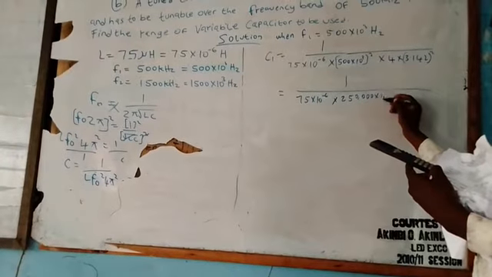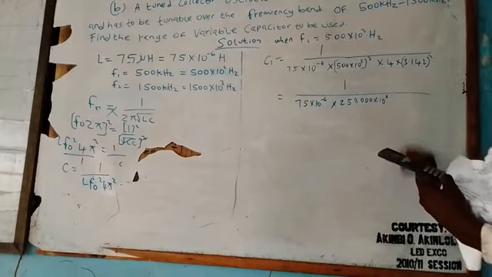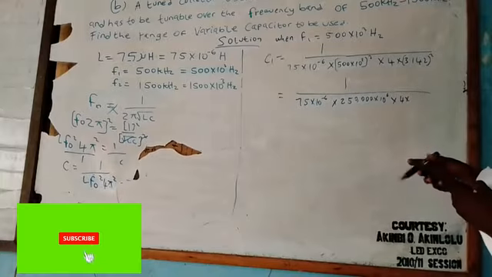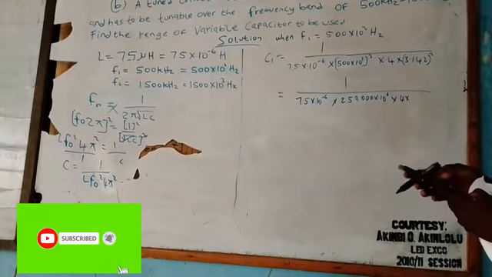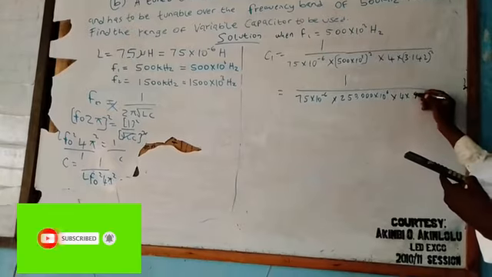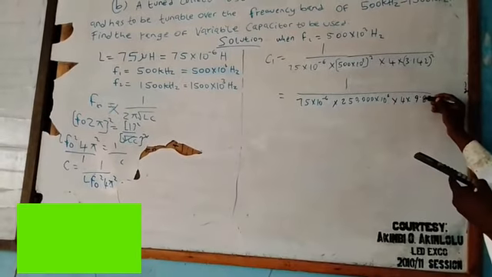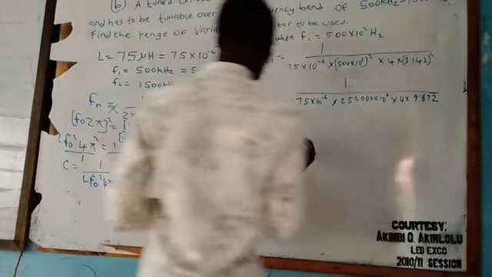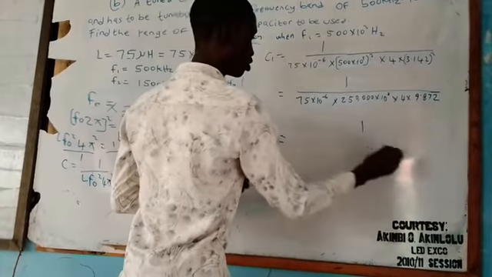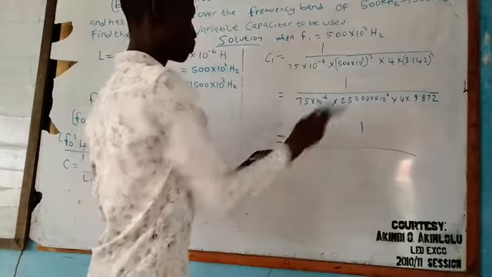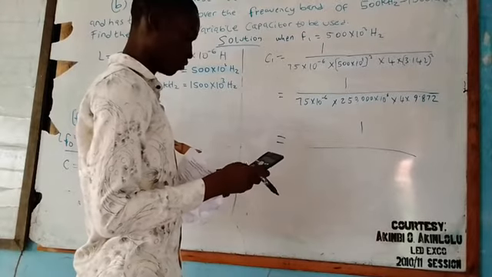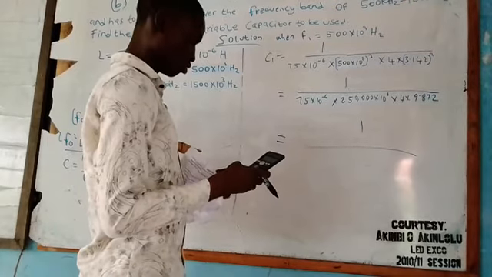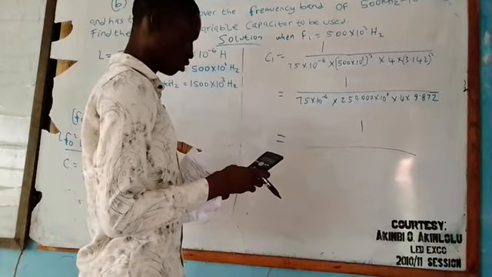I have 250,000 times 10 raised to power 6, and 4 times 3.142 square. We have 9.87. Now I'm going to multiply 75 times 10 raised minus 6 times that times 4 times 9.872.